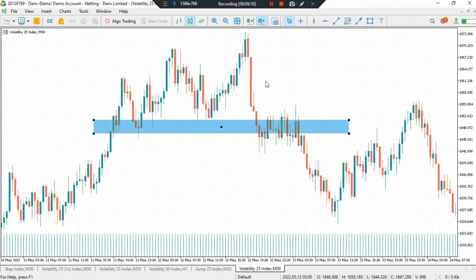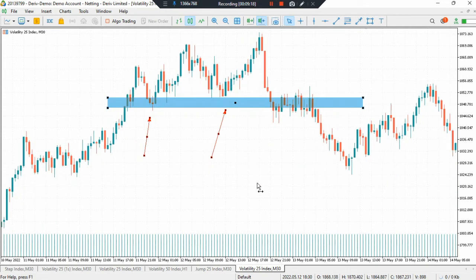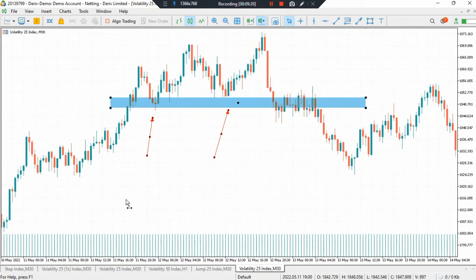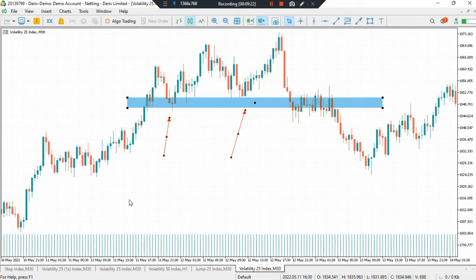As you can see, this area was touched twice, around here and around this area. So if it was touched twice, how do you identify your target? You take this from here. This was the impulse. So we're using this to set our target.